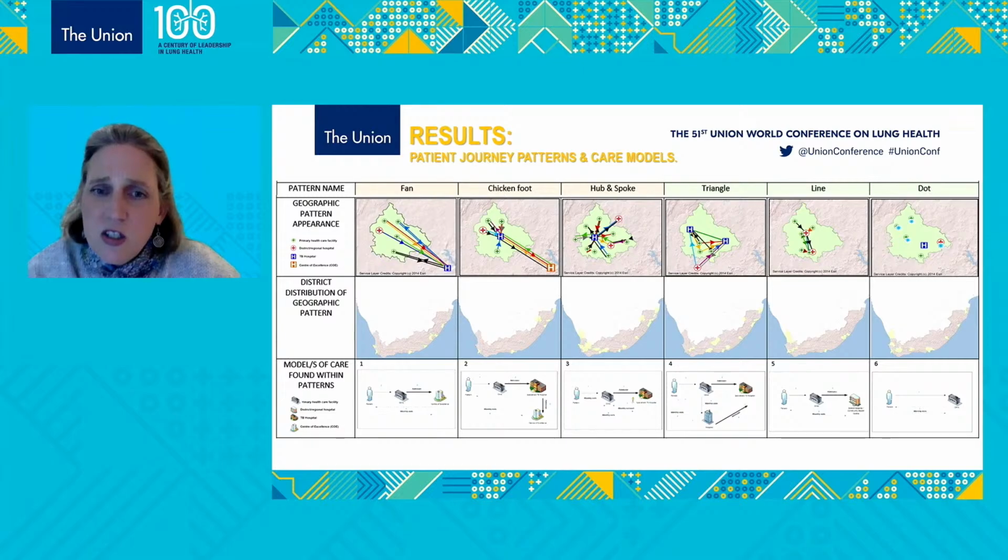We looked at the district distribution of where exactly these patterns took place around Southern Africa in the 3 provinces that I alluded to. And we also outlined the actual models of care, and we portrayed these in small pictorial descriptions and the movements between each of these facilities in the models of care at the base of the screen.